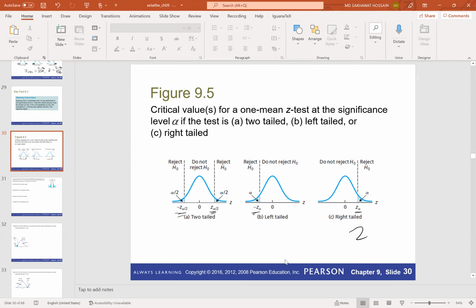For one tail, it will always be Z alpha for right tail, and this is negative Z alpha. But if we have two tail, then it will be negative Z alpha over 2 and Z alpha over 2. So we'll have two critical values. When you calculate the critical value, you should know when we use Z alpha over 2 and when we use Z alpha.